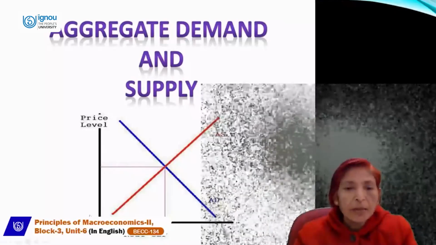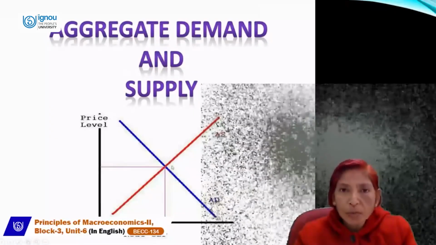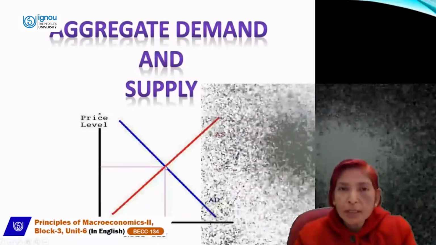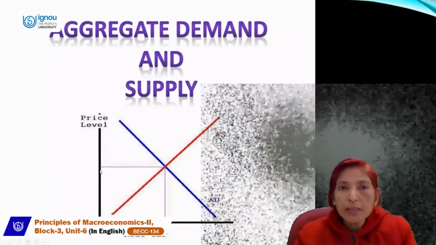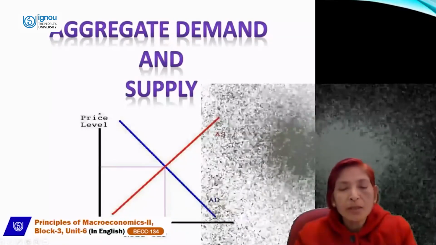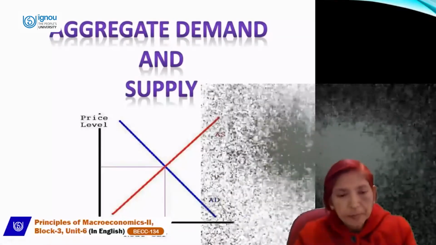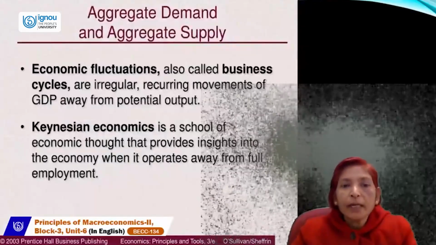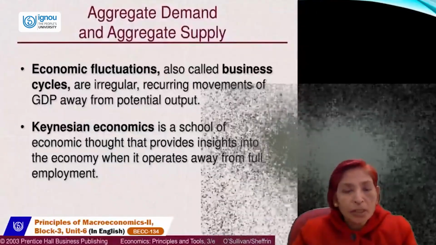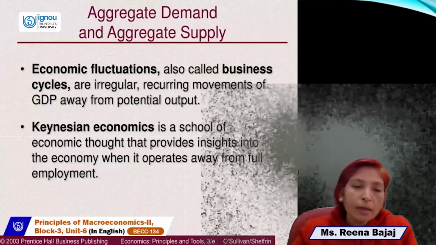Here, aggregate demand is a downward sloping curve and aggregate supply is an upward sloping curve. Where both curves intersect each other, equilibrium price and equilibrium quantity, or real GDP, is determined with the help of this AD and AS. You know that aggregate demand is the total demand for goods and services by the whole country's people.